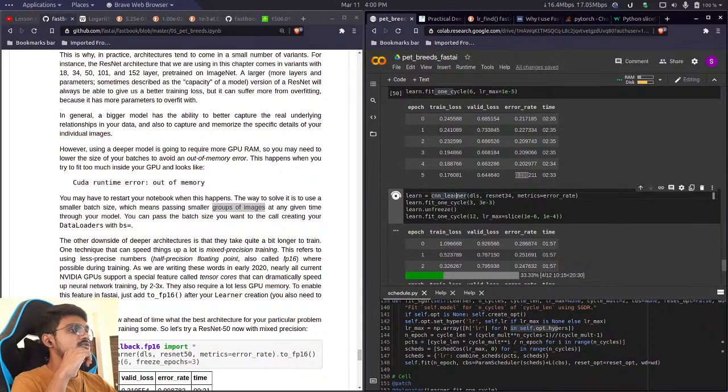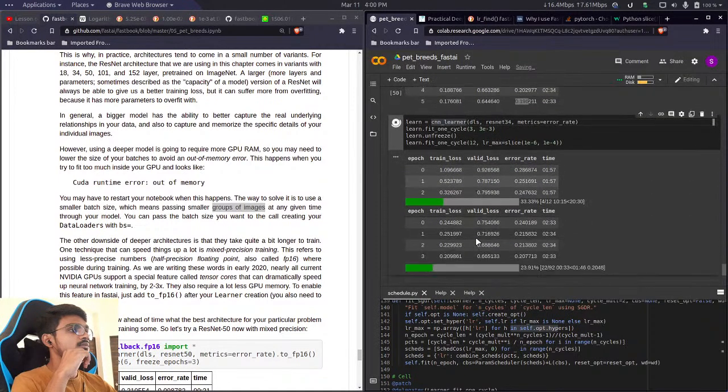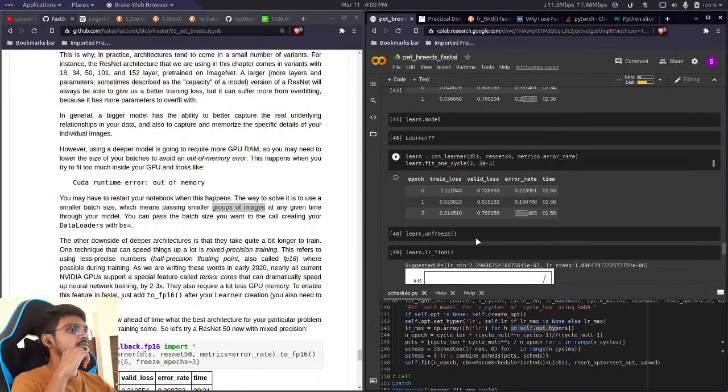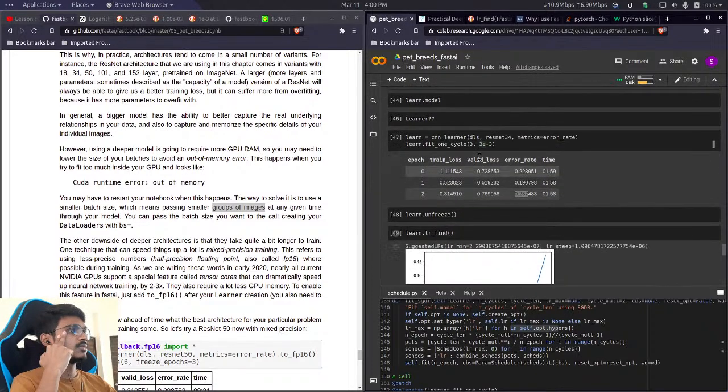Let's check the source code of CNN Learner. I guess it is 32. The batch size should be 32, the default batch size. When I tried to train with ResNet 50 also, I tried to minimize the batch size, but it was still giving me the CUDA runtime error.